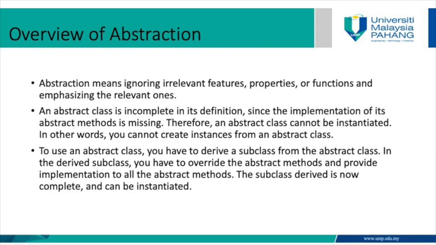So in the derived subclass, that means the one that you derive from the abstract class, you have to override the abstract methods and provide implementations for all abstract methods. You have to use the override keyword, and then the derived subclass is now complete and can be instantiated. So that is how you can use the abstract class.